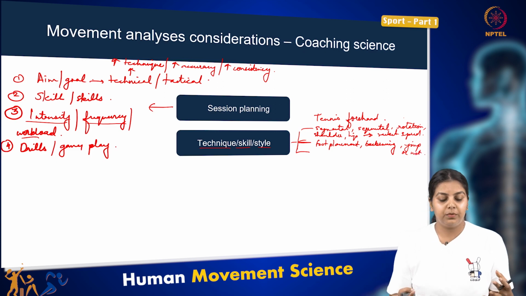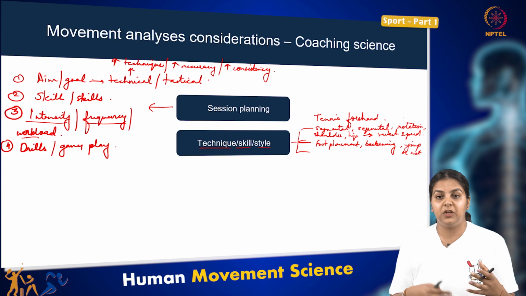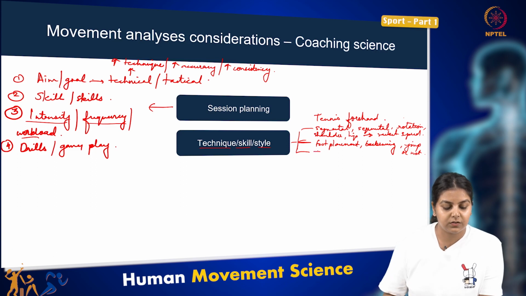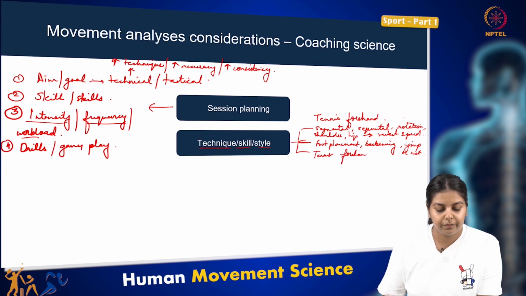So all of these are majorly based on style. Whether it's important to generate speed depends on what's your overall technique. And the skill here would be the tennis forehand.